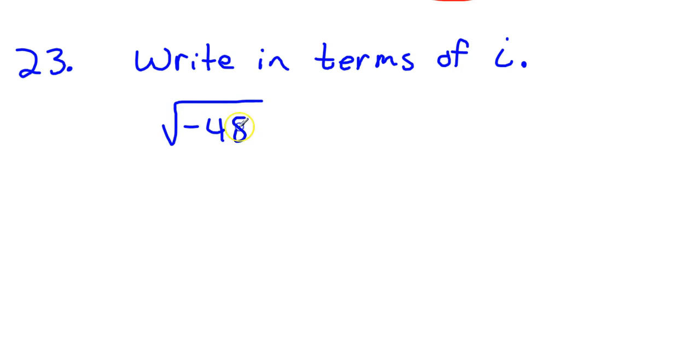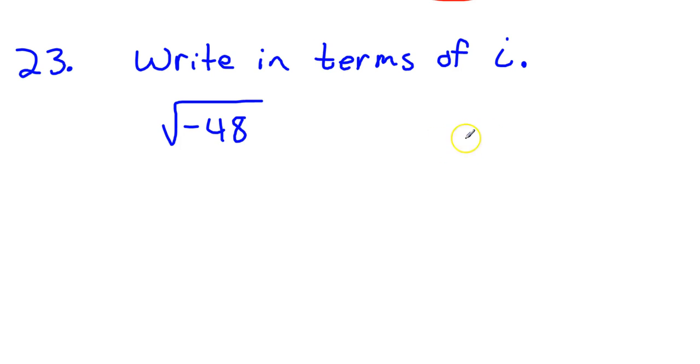Okay, and then the last few questions is where we're dealing with imaginary numbers, the complex numbers, where we're dealing with square roots, but they're square roots of negative numbers, and just working through these. Okay, if you have the square root of negative 48, basically you're going to just do two things.